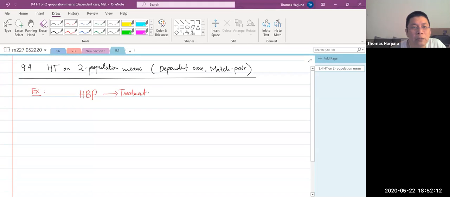After the treatment, you check the blood pressure again. Suppose before the treatment my blood pressure is 140, and after the treatment my blood pressure becomes 120. Now, can we say the treatment is effective? Maybe, but you never conclude the treatment is effective based on one person, right?